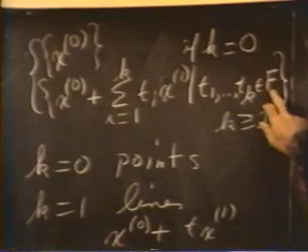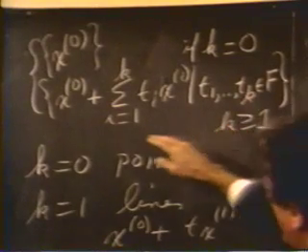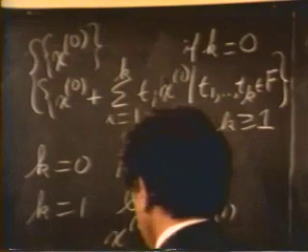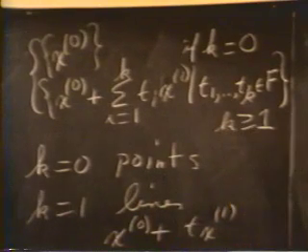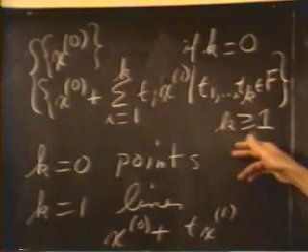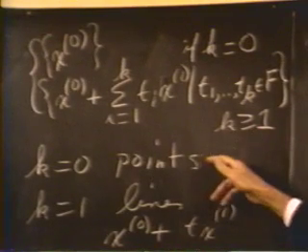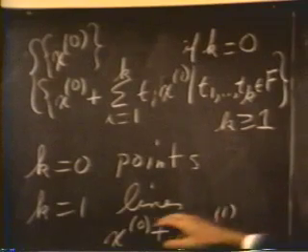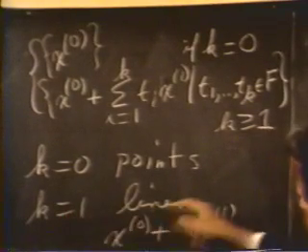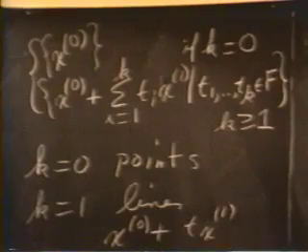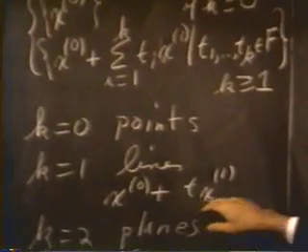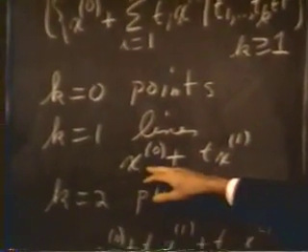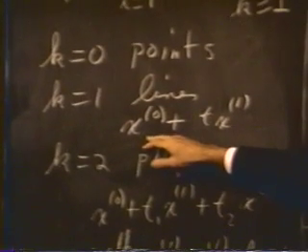Let's take a couple of examples of this, because this definition has very familiar instances. The linear varieties for k equals 0, or we'll sometimes say of dimension 0, of course, are points. Linear varieties of dimension 1 are lines, characterized then by x0 plus t x1. Notice we didn't include in the linear independence any requirement on x0.